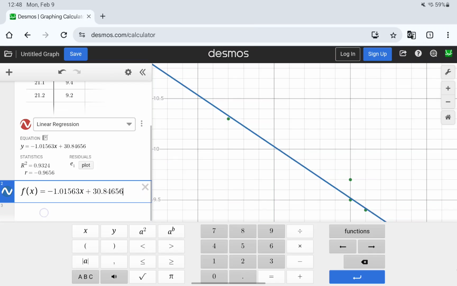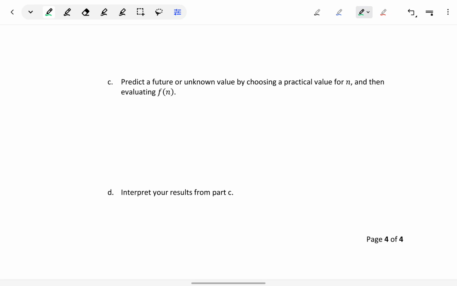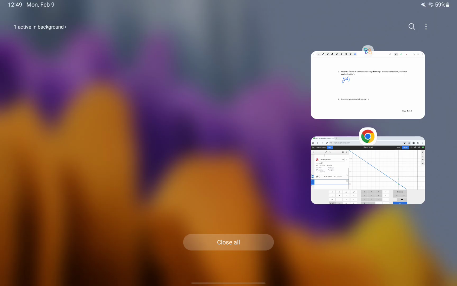Retyping my model using function notation, again, will just allow me to evaluate that linear model for a specific value. In this case, let's consider predicting for n equals 22. So we're going to evaluate f of 22.